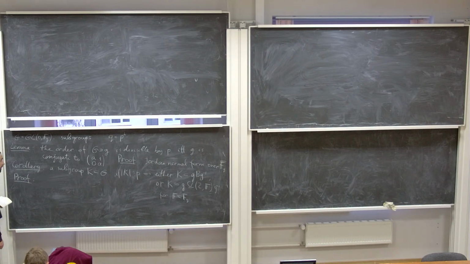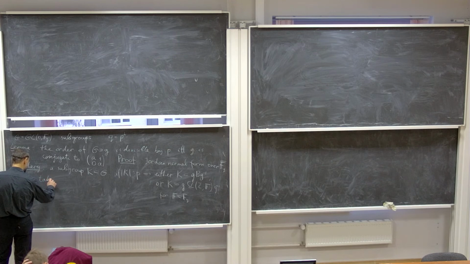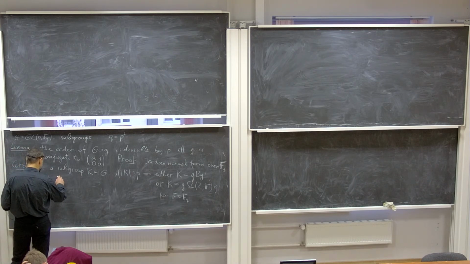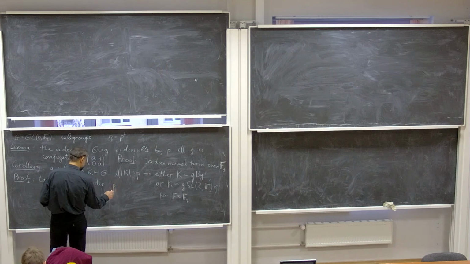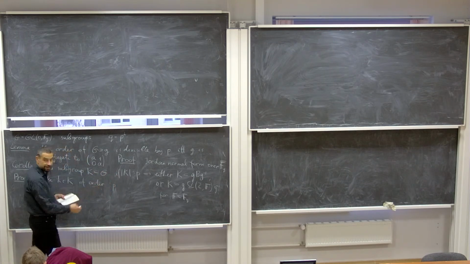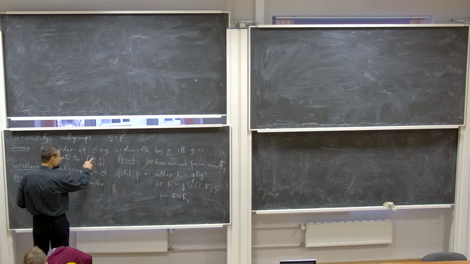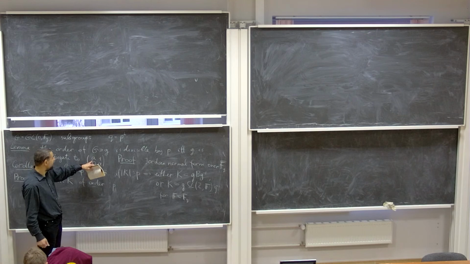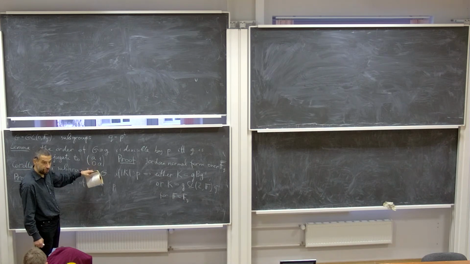Okay, so how do we prove this? Well, we choose an element, say k, in this group of order divisible by p. Since the order of the group is divisible, there must be such an element of order divisible by p. Then we know that it looks like this. But now this A, a scalar matrix, is central, and it has order prime to p.